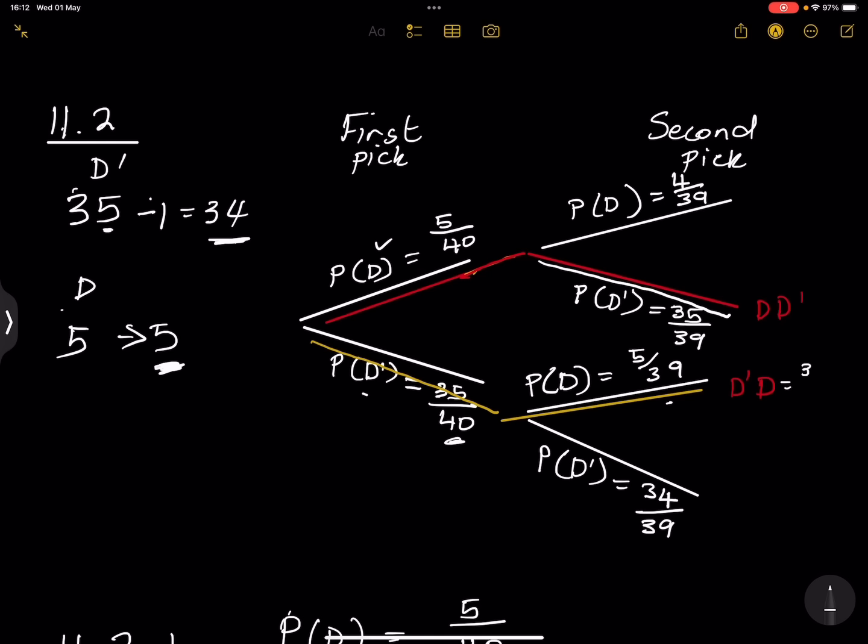So that's 35 over 40 and multiplied by 5 over 39. Happy days? Right, so in this case, I know that for this one, what do I have? I've got 5 over 40 rather, multiplied by 35 over 39. Okay, so there we have those probabilities.